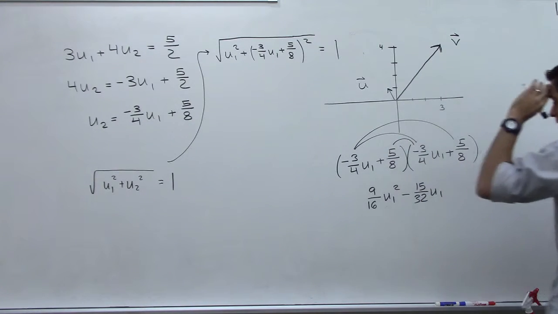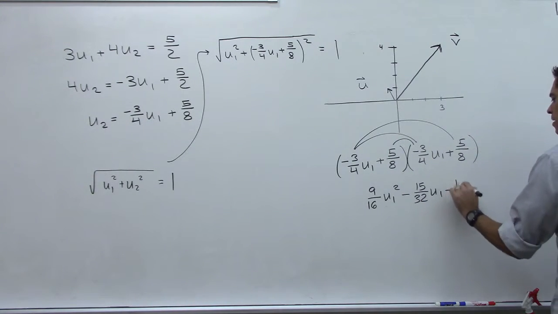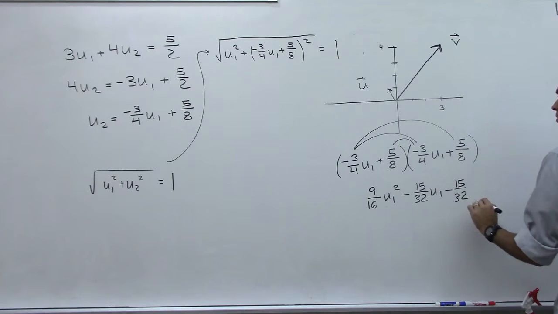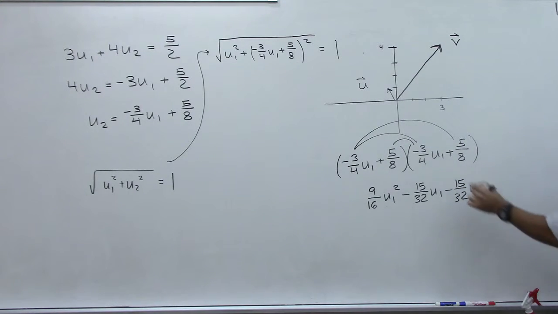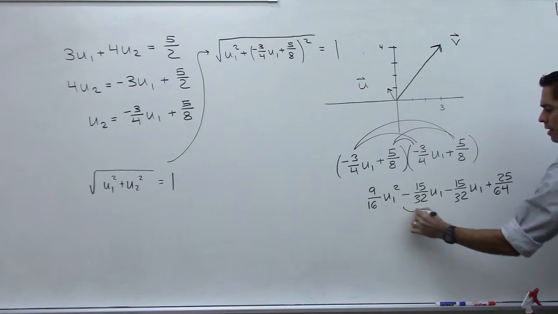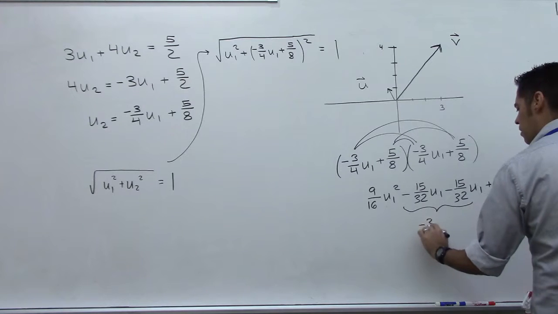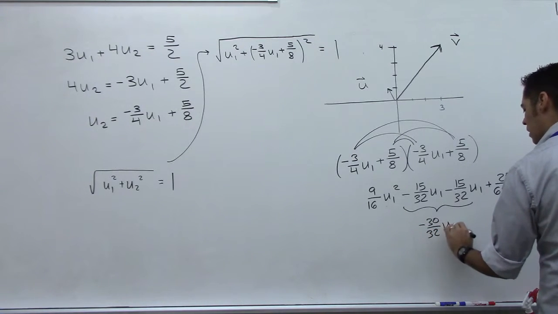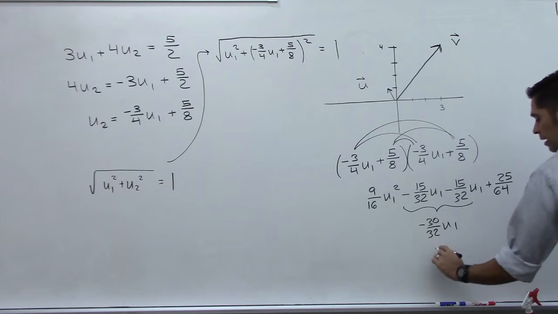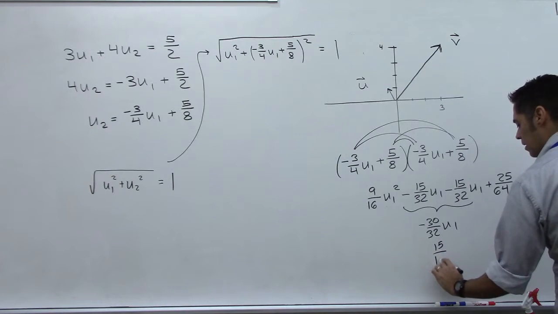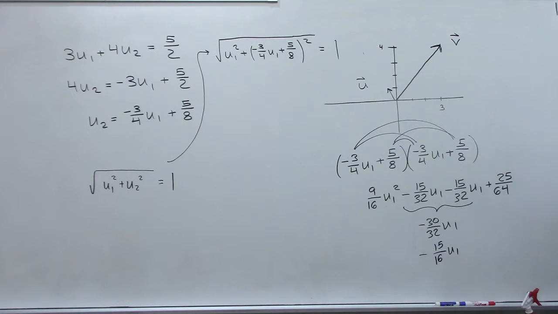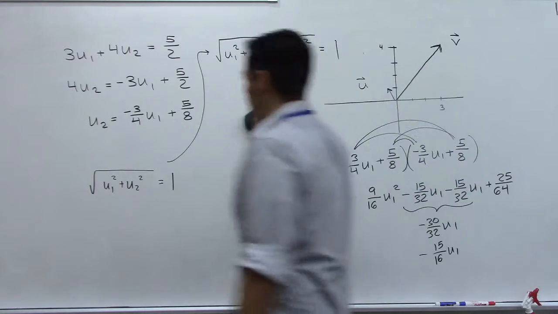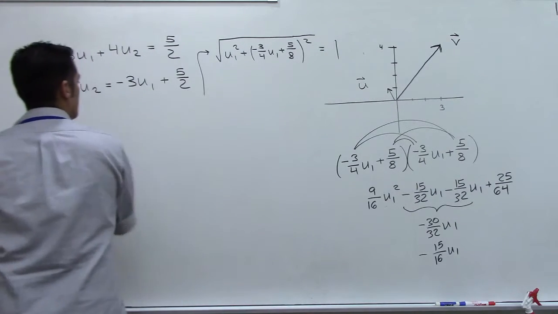And when I do the middle one, I get the same exact thing, negative 15 over 32 u1. And then the last multiplication gives plus 25 over 64. I can put these two together: that's negative 30 over 32 u1, which reduces to negative 15/16 u1.